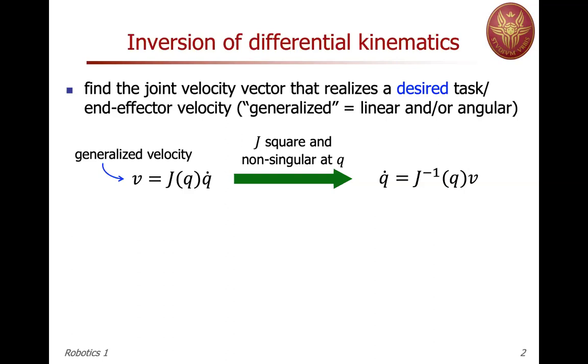In this case, the solution is unique. We have to invert this matrix in real time and generate the joint velocity q dot. And this will guarantee that we execute the desired task velocity V. There's no other way of doing things.